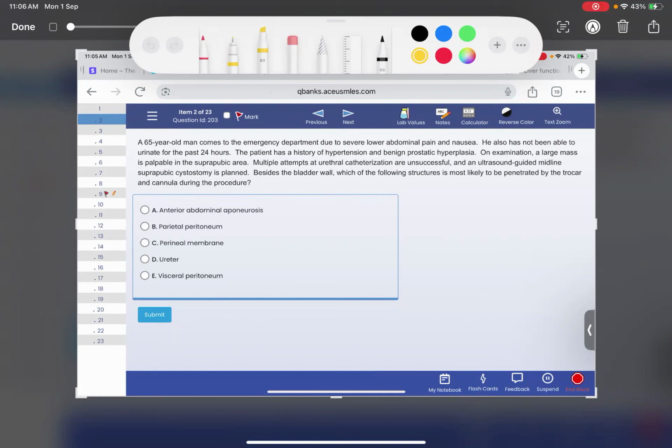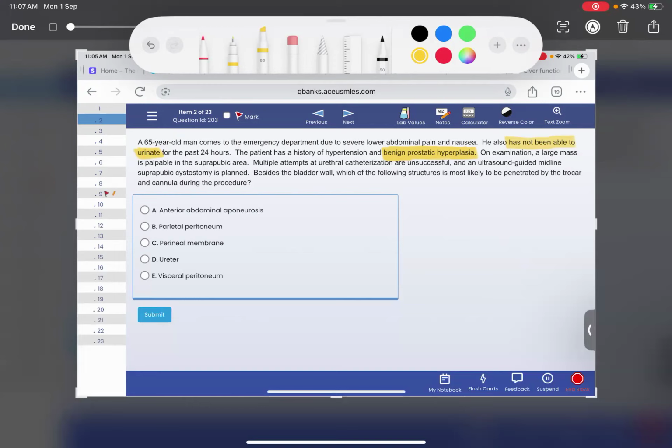Aponeurosis. Simple. Great. Let me explain in very short. We have been given the condition, and I have told you that they will give you the diagnosis straightforwardly. We have benign prostatic hyperplasia, so he is not able to urinate. So anuria because of BPH.